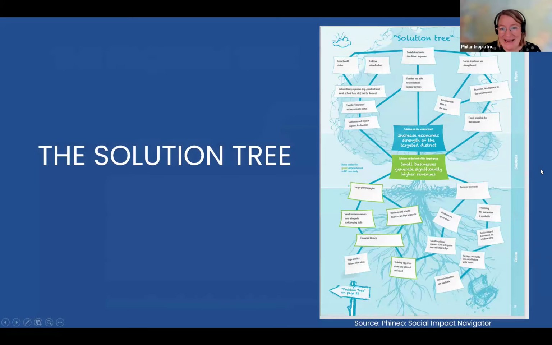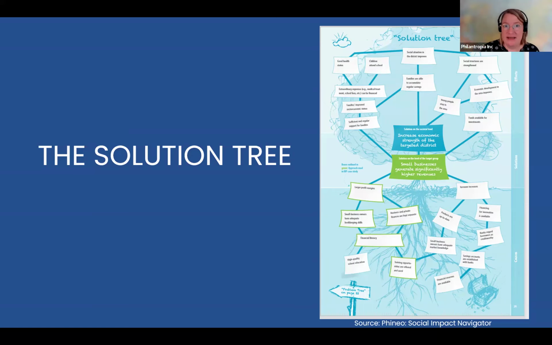And then in the next step, you would get to the solutions tree. If you have designed the problem tree, you can flip those things and then have a solutions tree. Because if the issue you want to solve is kids not going to school, and one of the causes is there's no proper transportation to school and the road is very bad, then if you flip that and say there's good transportation to school and the roads are good, then kids would go to school, right?